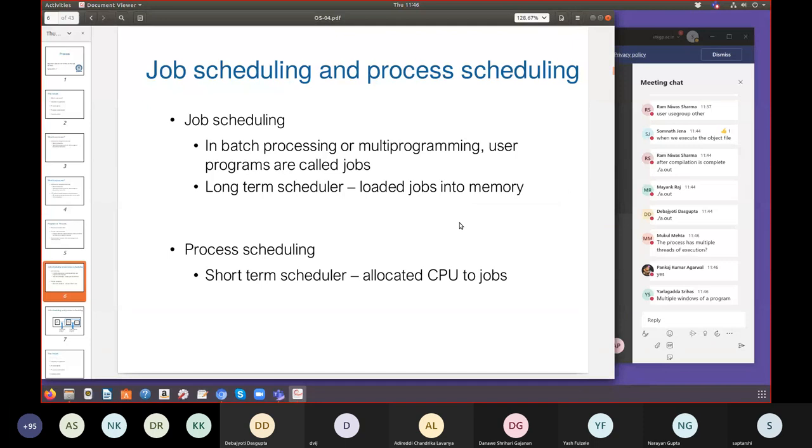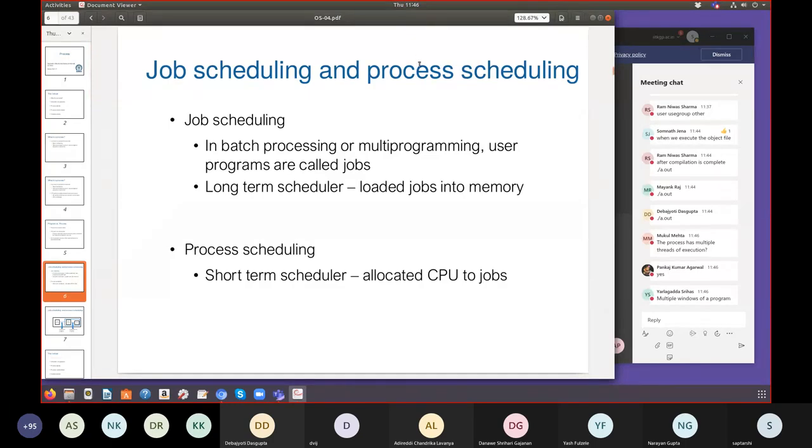Okay. So now, just 2 more points before starting to discuss about processes. Sometimes you will hear of the term job scheduling and sometimes you will hear of the term process scheduling. Well, in this course, we will focus very much on process scheduling, but we will also hear this term job scheduling sometimes.